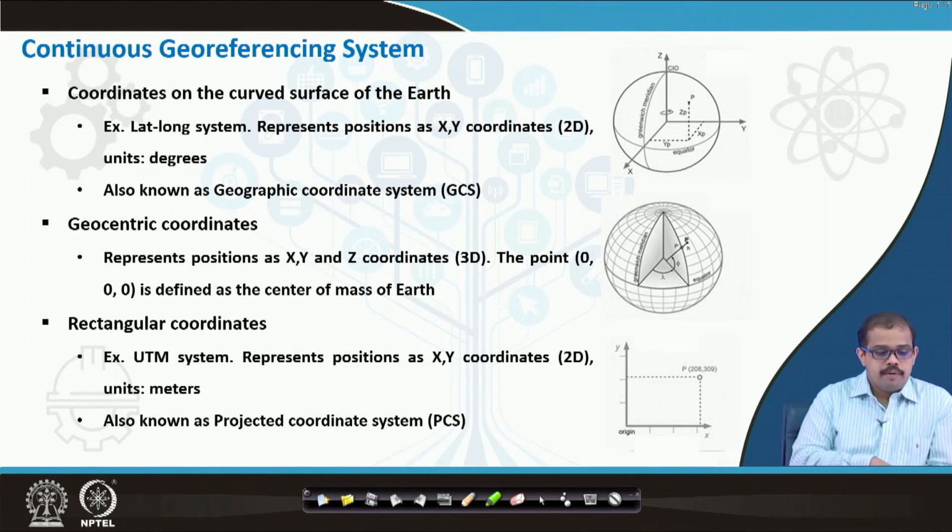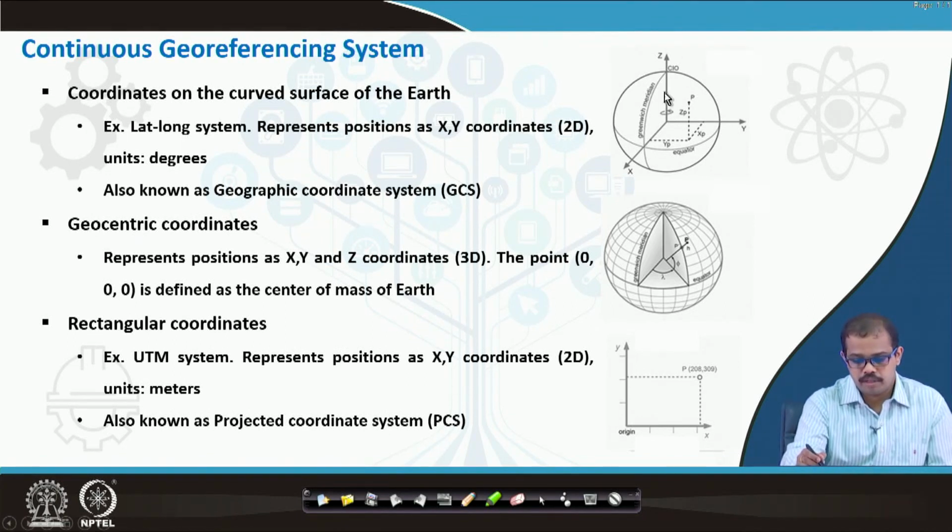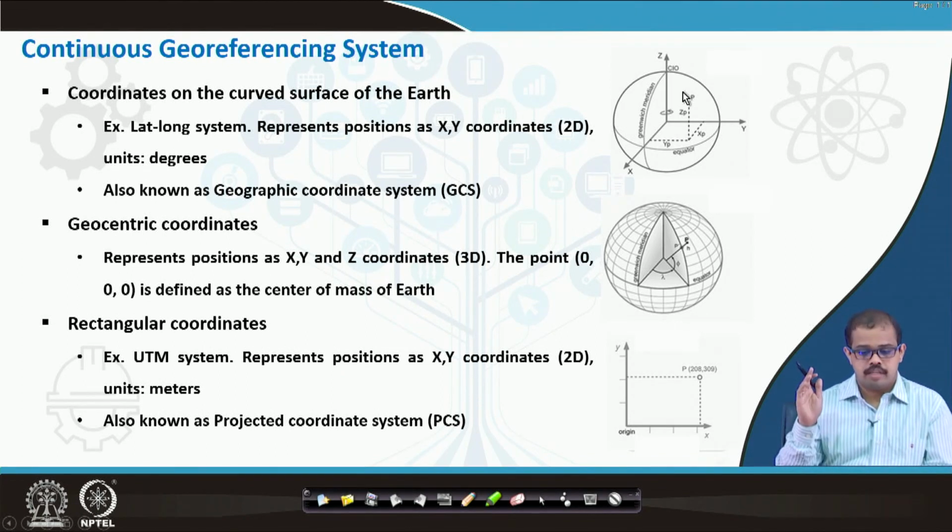Okay, so when we look at the continuous georeferencing system, we have coordinates on the Earth surface of x comma y. It can be a lat long system where we represent these positions. For example, if I am looking at this point, it is represented by the x and the y coordinates, when you have a 2D representation.